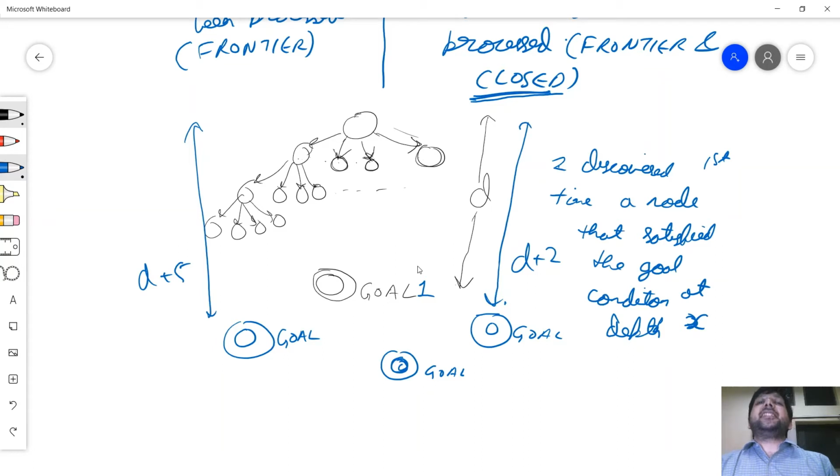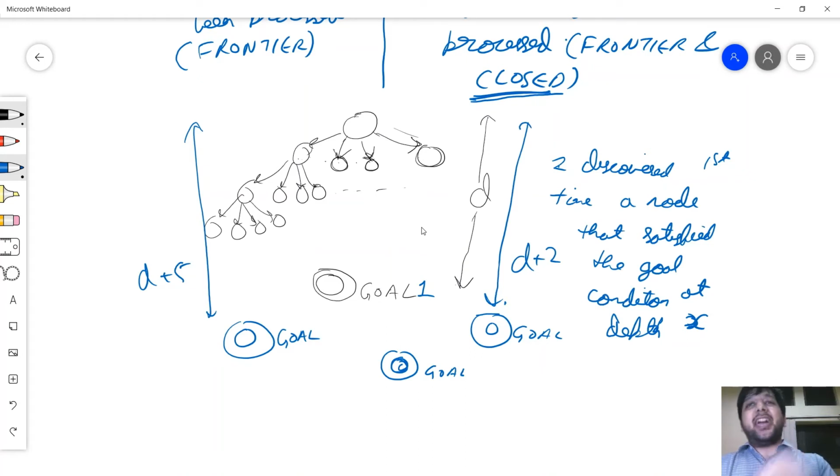If X is equal to D plus 2 or D plus 5, then there's a contradiction, because before processing D plus 5, before processing D plus 2, I would have visited all the nodes at the depth of D, and after visiting all the nodes at depth D, I would have got the goal.